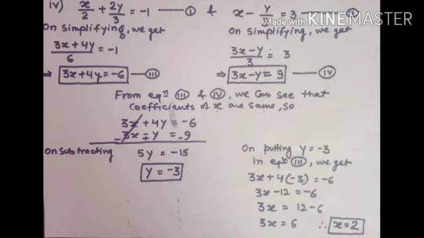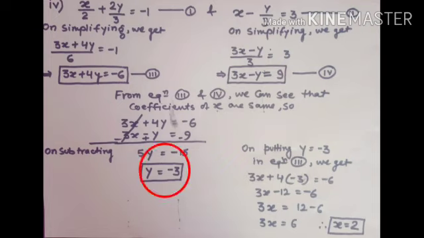Now from equation 3 and equation 4, we can see that the coefficients of x are already the same. So we should eliminate these terms from both the equations. For that, we have to subtract equation number 3 and equation number 4, and on subtracting, we get 5y equal to minus 15 and y as minus 3.